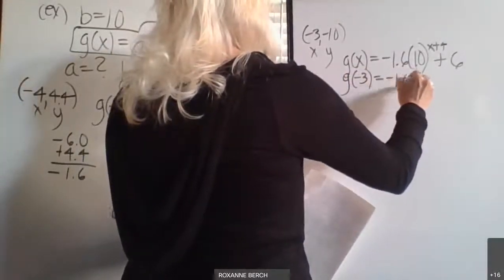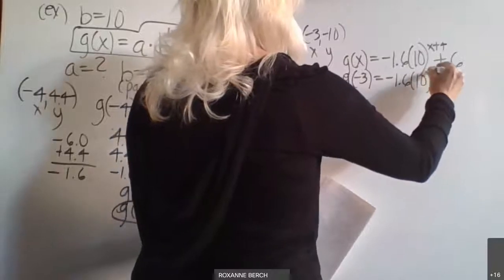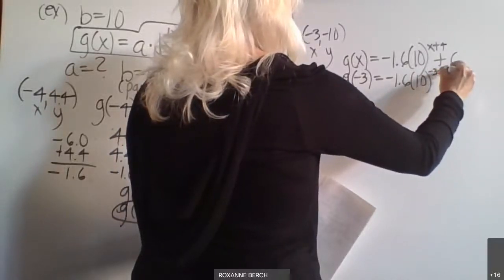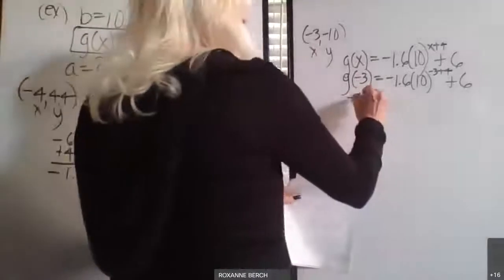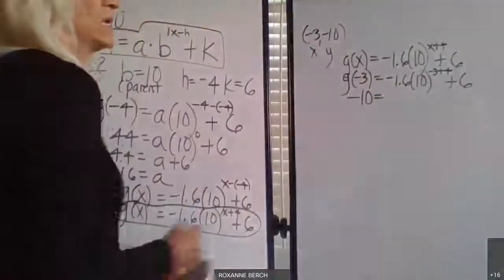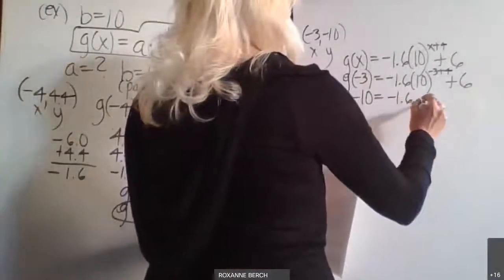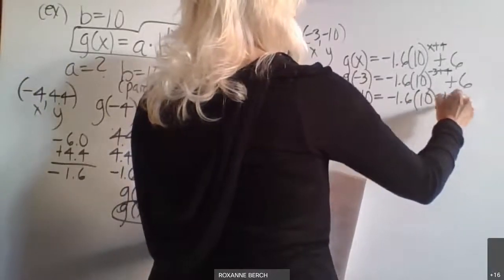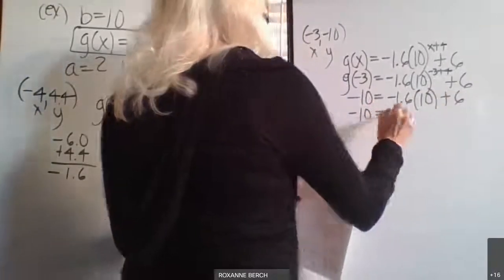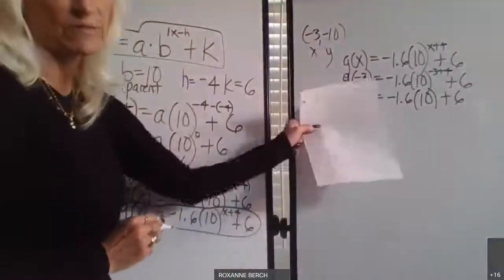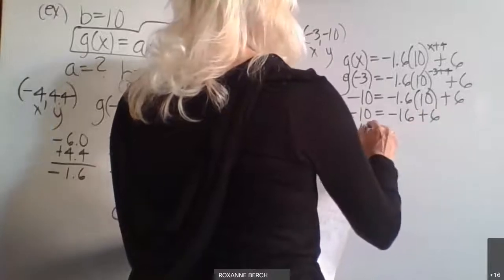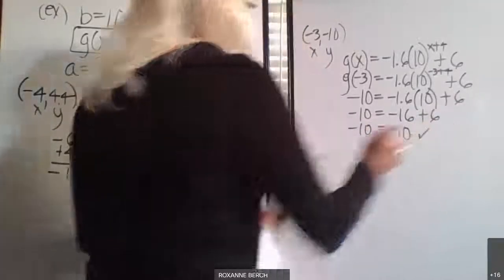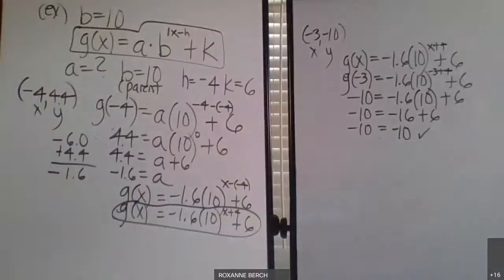It's negative 1.6 times 10 to the negative 3 plus 4, and the y value here is negative 10, so substitute that in, and you get negative 1.6 times 10 to the first power. And remember what I said earlier, when you multiply by 10, it's like moving the decimal one place to the right. So that would be negative 16 plus 6, which is negative 10. So this is absolutely the correct equation.